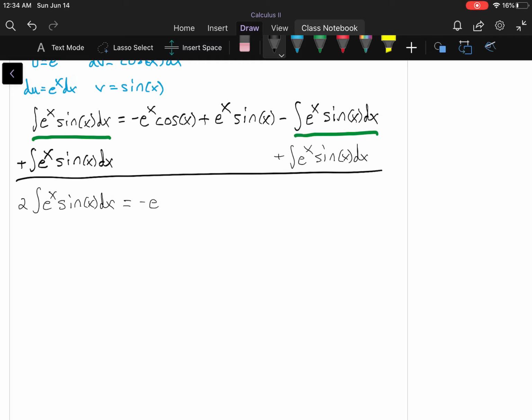But on the right-hand side, we have negative e to the x. Actually, I'll just make it e to the x times, I'm going to factor out that e to the x, and we have sine of x minus cosine of x. And the integral we just brought over to the left side.